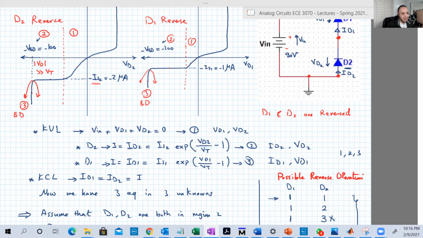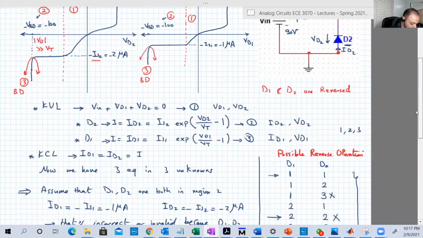Even if you assume 10 VT, which is really big and would make you work in region 2, 10 VT means 0.26, so 90 minus 0.26 minus 0.26. Again, KVL is violated. This is not equal to 0. So it looks like the first assumption is also not valid.